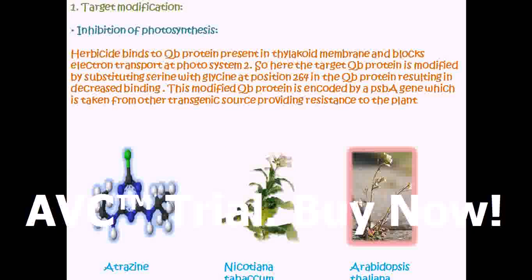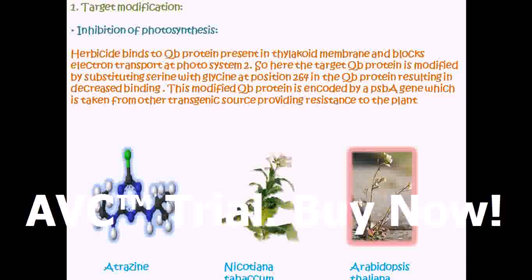Serine and glycine are amino acids in the QB protein chain. We substitute serine with glycine at position 264, which slightly modifies the structure of the QB protein and may result in decreased binding. This modified protein is encoded by the psbA gene.